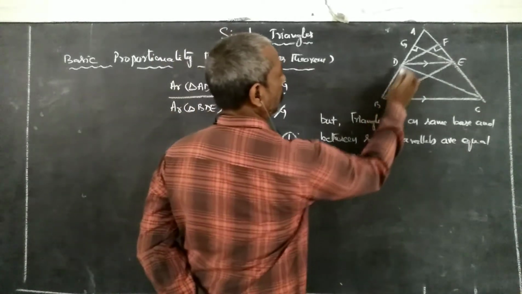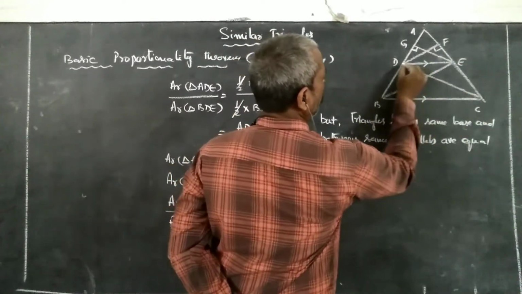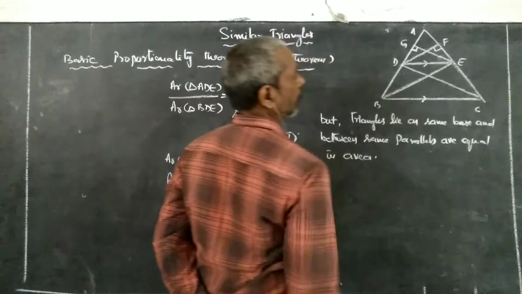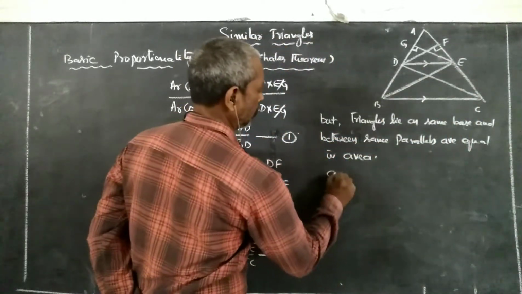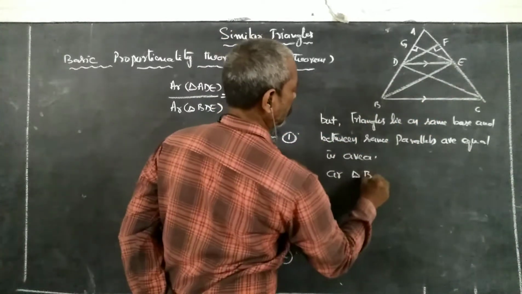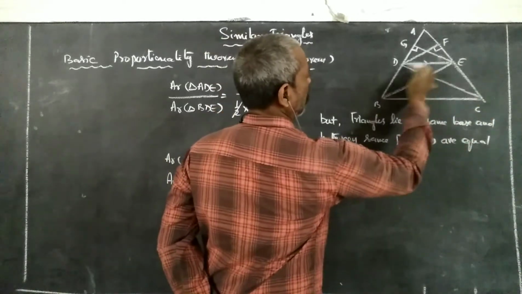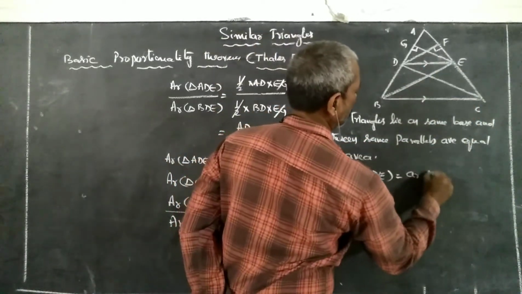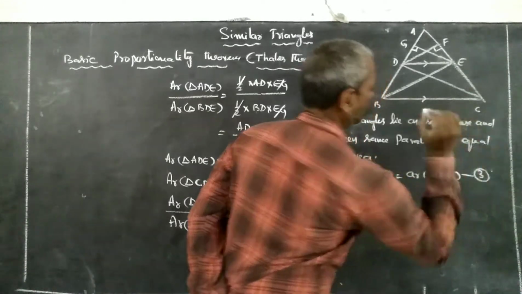So triangle BDE and triangle CDE lie on the same base DE between the parallels DE and BC. Therefore, area of triangle BDE is equal to area of triangle CDE. Let it be the third equation.